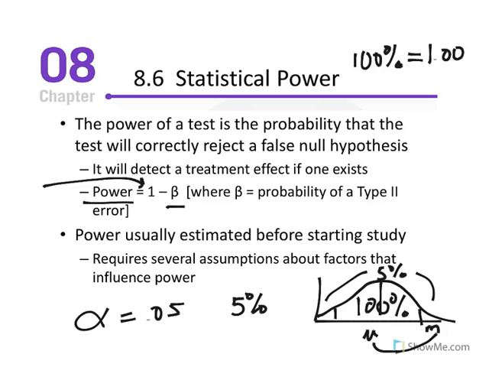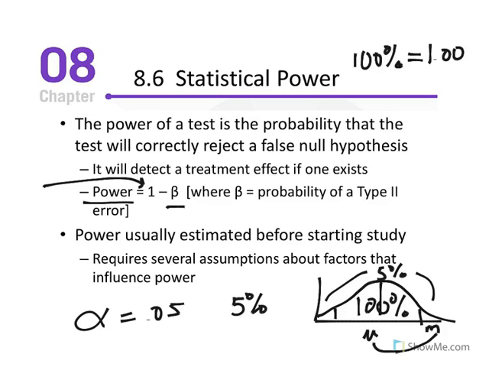Now again, as I just indicated, there's not a specific equation that determines type 2, as we saw with type 1, where we know that our alpha level is equal to the probability of committing a type 1. Instead, we can use power and take 1 minus the beta, or have our power value and subtract it from 1 to deduce what the type 2 value is equal to.